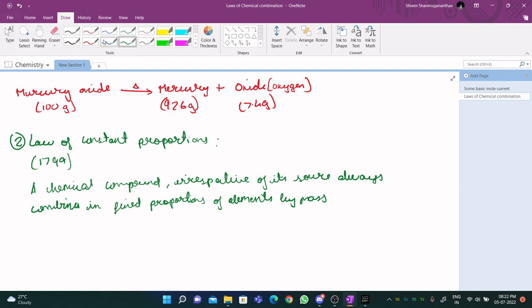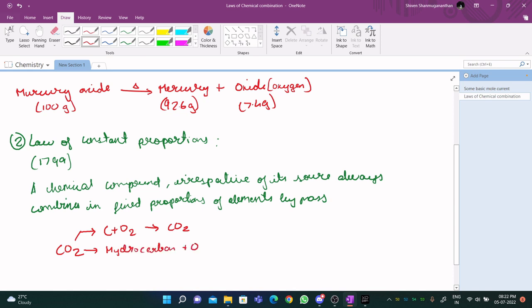I will take this in red. So if we have CO2, there are various ways of forming CO2. One way would be take carbon, add oxygen gas, and we get CO2. Another way is taking a hydrocarbon and we burn it in oxygen.